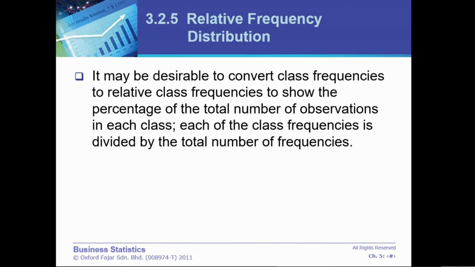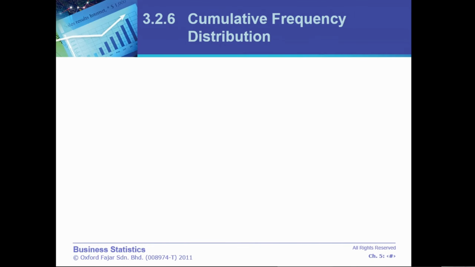So it may be desirable to convert class frequencies to relative class frequencies to show the percentage of the total number of observations in each class. Each of the class frequencies is divided by the total number of frequencies, and that's what we also learned yesterday.